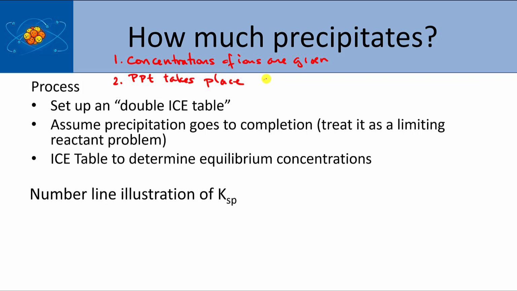And because of the magnitude of the Ksp for these kinds of problems, essentially most of one ion will precipitate.